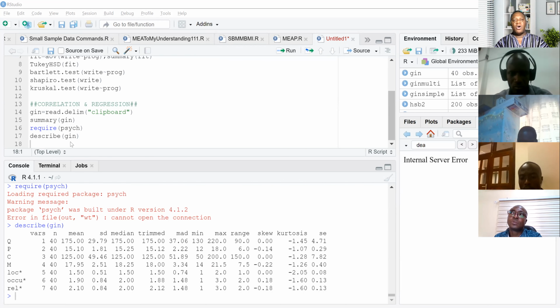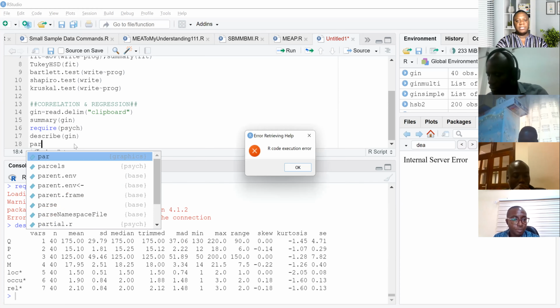So we are going to use a command in R that will help us put everything together. Just go to the next line and type the command known as par(mfrow).